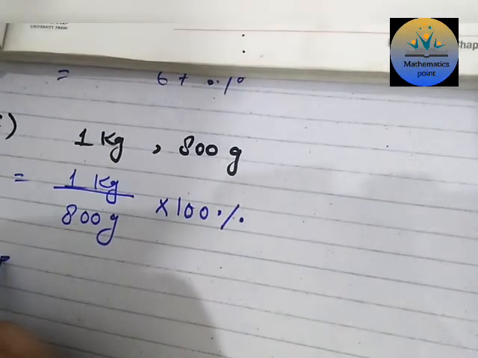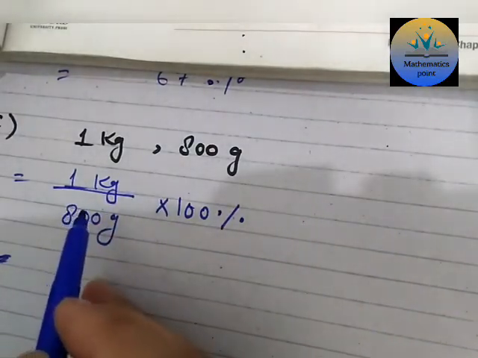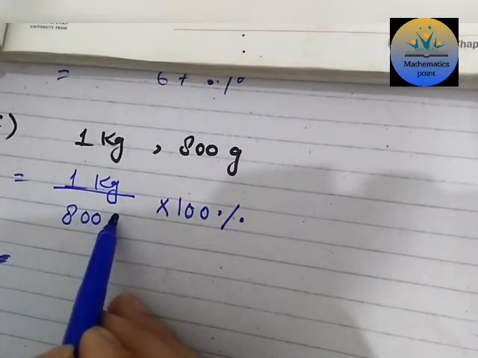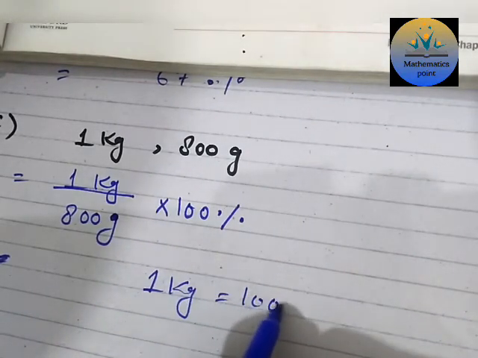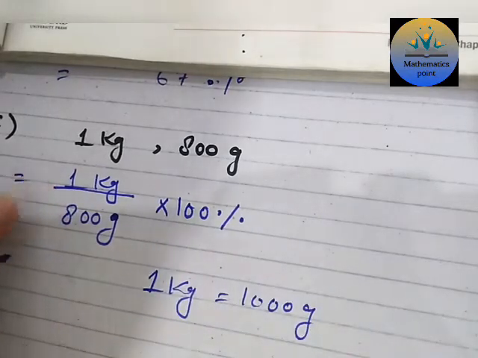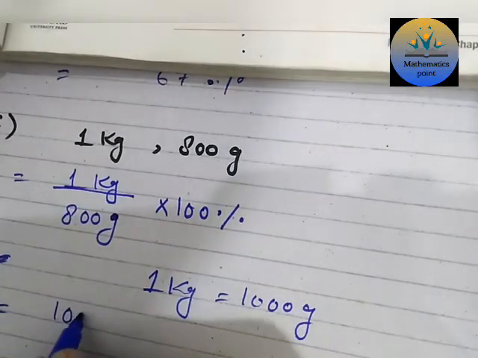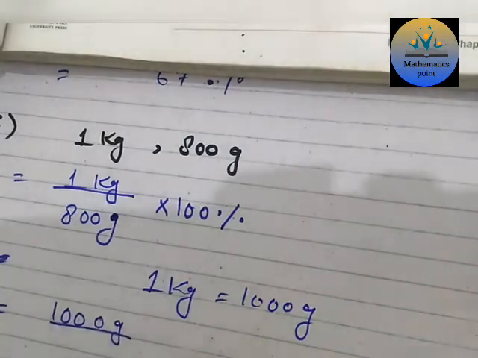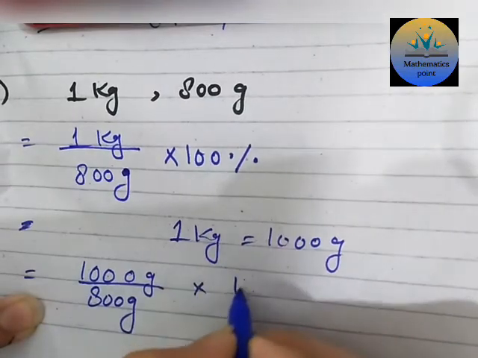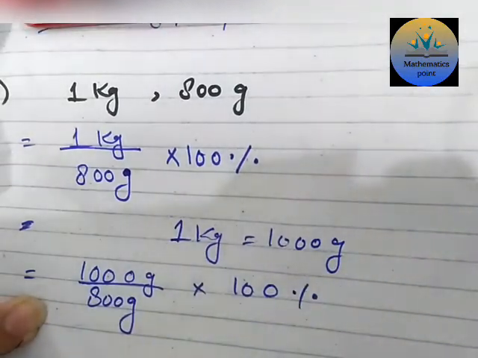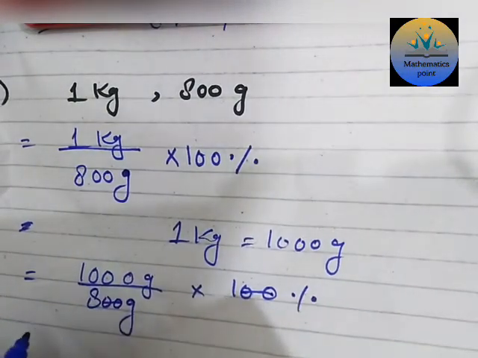I always convert the units into the smaller one, so I convert this 1 kg into gram so that the numerator and denominator units become the same. In 1 kilogram there are 1000 grams. So we multiply this 1 kg with 1000. So 1000 gram divided by 800 gram multiplied by 100 percentage. Now we cut the zeros and solve it further.